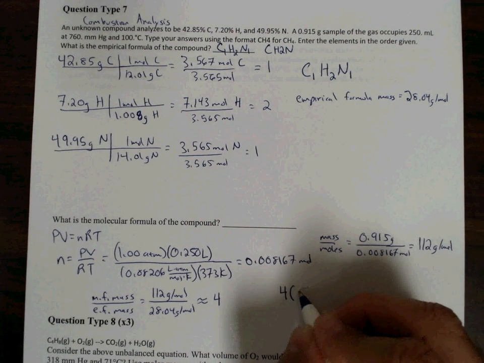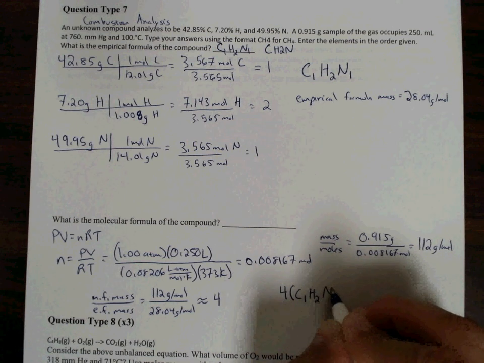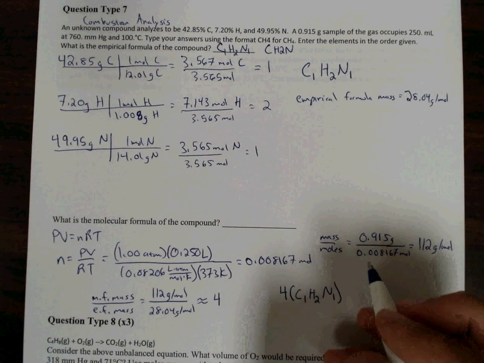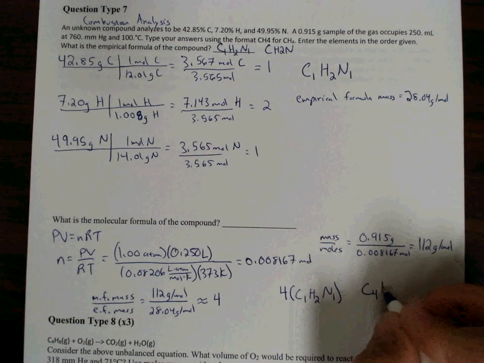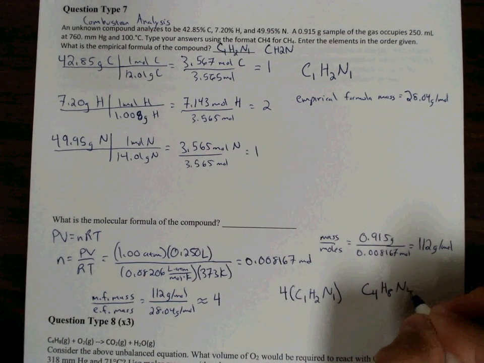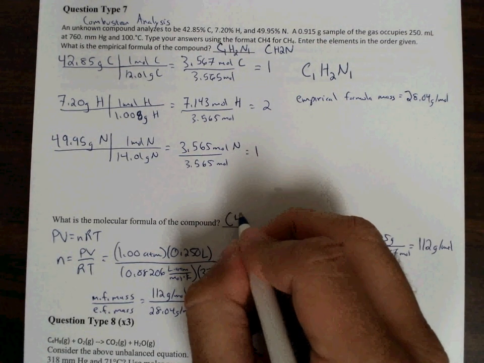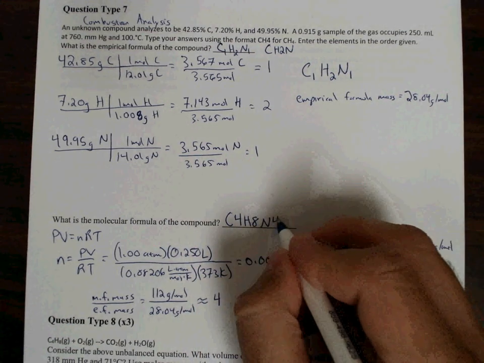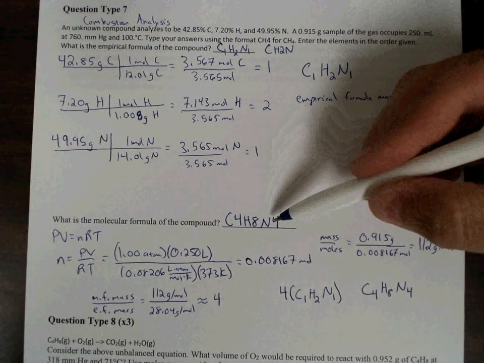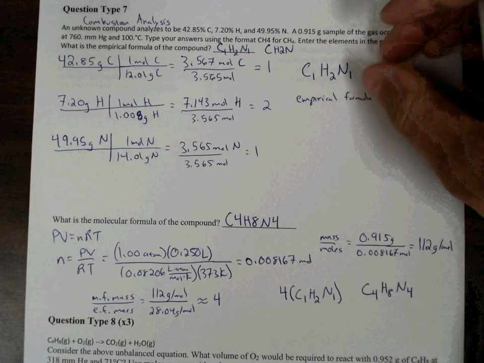Therefore, I'll have 4 times the formula C1H2N1 for my compound. So that would be C4H8N4. To type that answer in, C4H8N4. That's the answer I would type in to the computer.